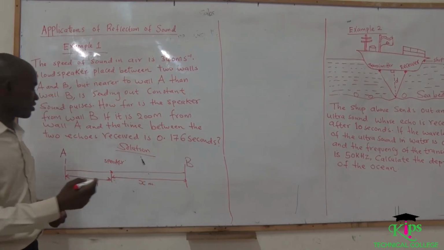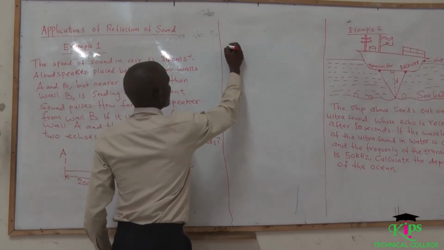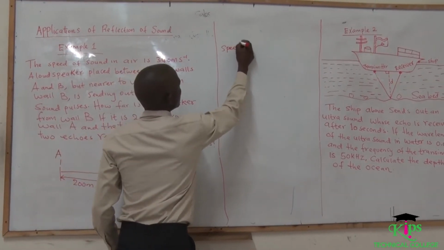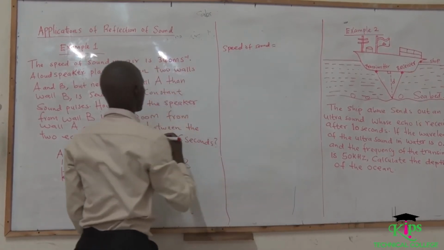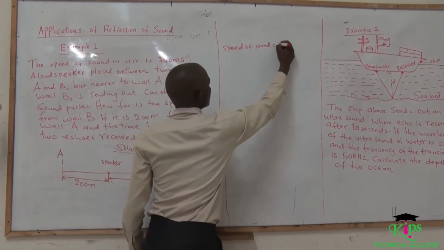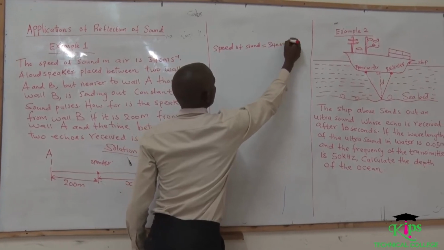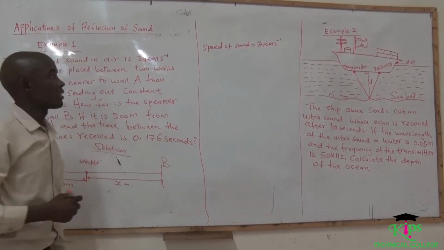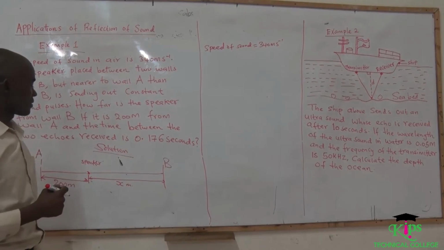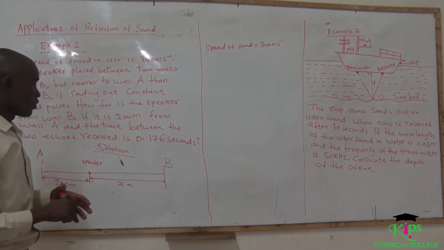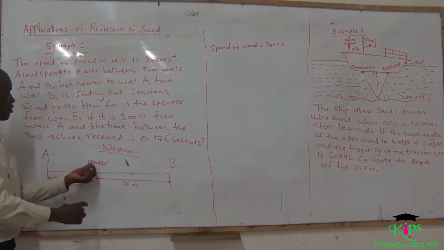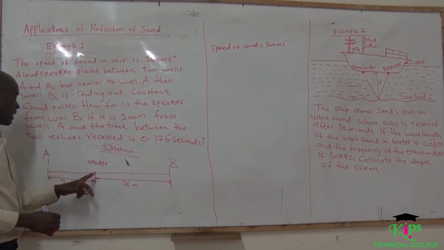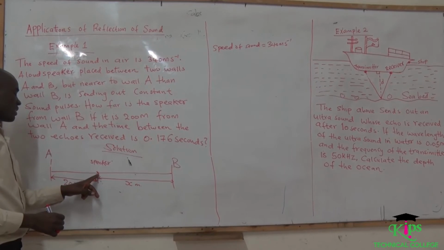First of all, you need to write the speed. The speed of sound has been given as 340 meters per second. We want to get the time. What time will it take the sound of the speaker to be heard at this particular point?